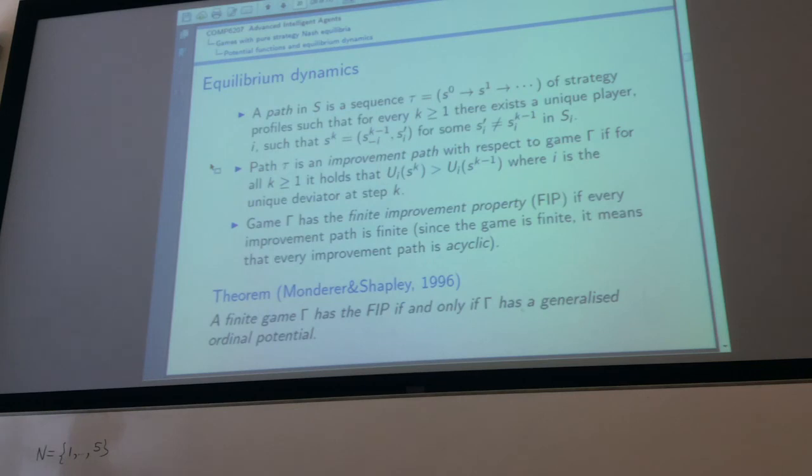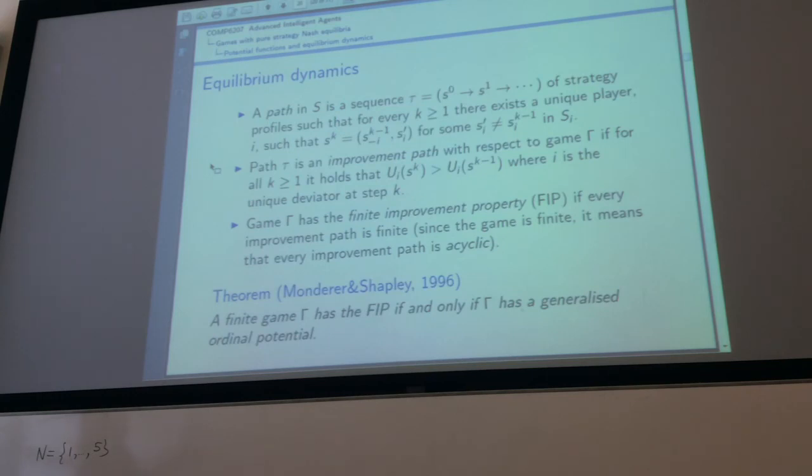And then if we have a potential function, even if just a generalized ordinal potential function in the game, as long as we go along such an improvement path, we increase the potential function. Because someone increases their utility, that means that at every such step, the potential function grows.